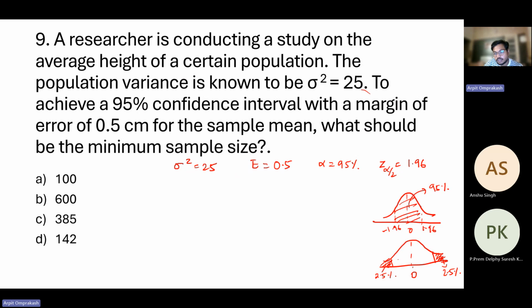And thus the area in between these will be 95%. 1 minus 2.5 plus 2.5, which is 95%, right? So another way to basically get this z value from the confidence interval is to look at the standard normal table again, but in a reverse direction. So we'll also just do that. So you know how to do that and how to find those values.